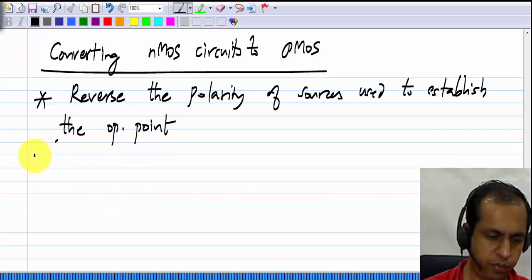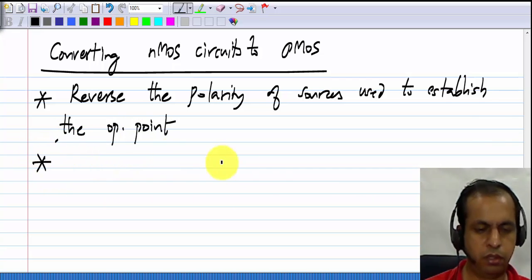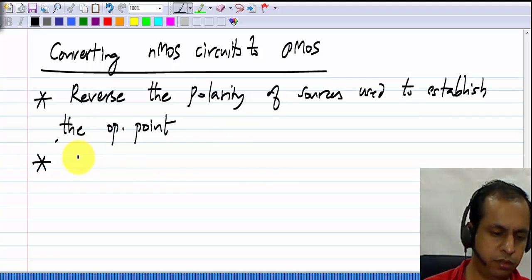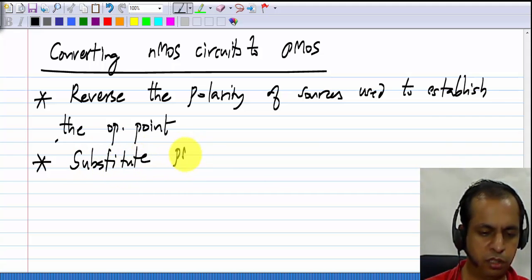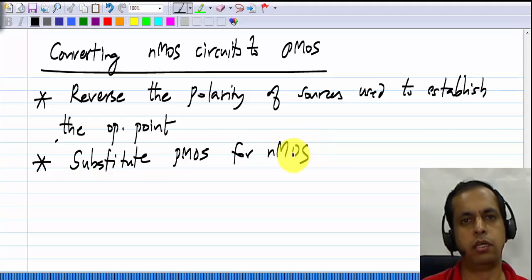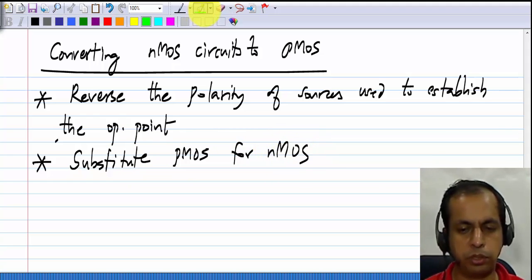Okay, and of course substitute PMOS for NMOS, and if you have more than one, you need to substitute all of them.